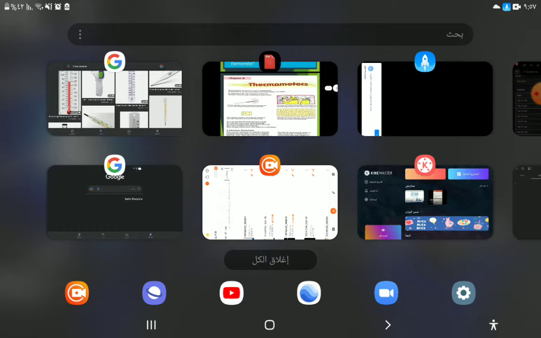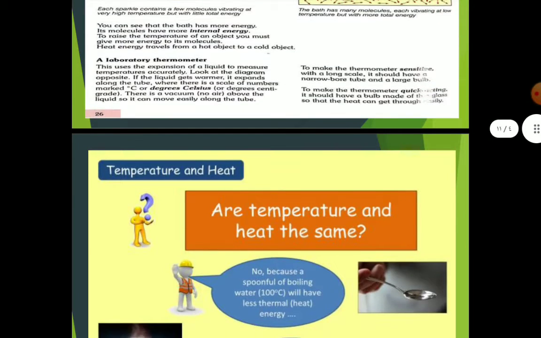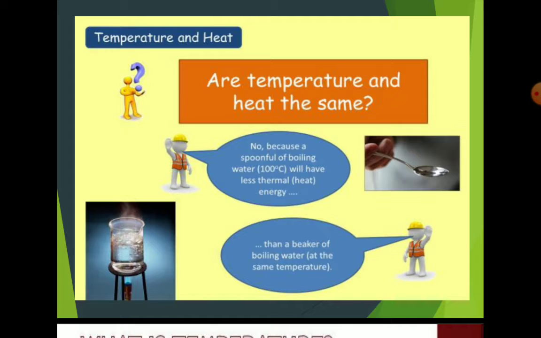Okay, we will complete where we are here, in the PDF. Temperature and heat. Are temperature and heat the same?